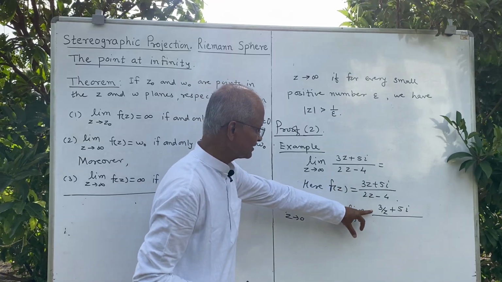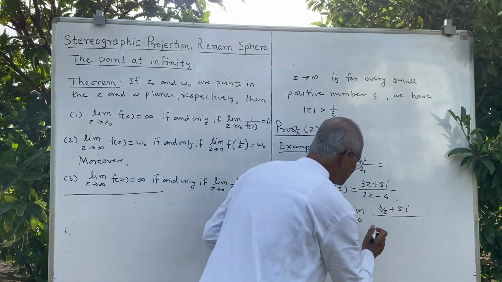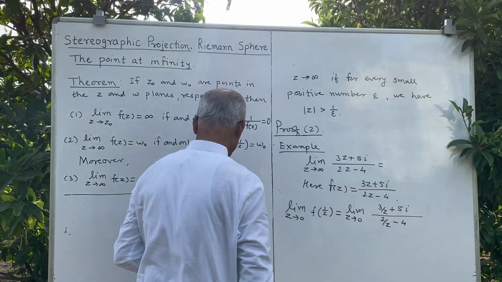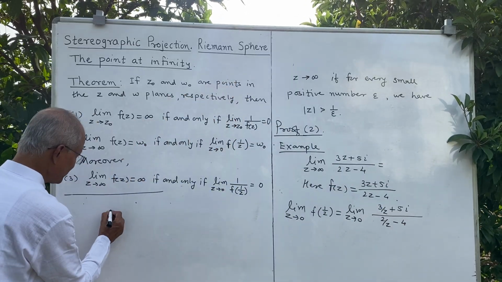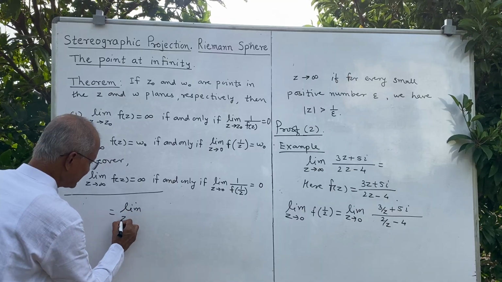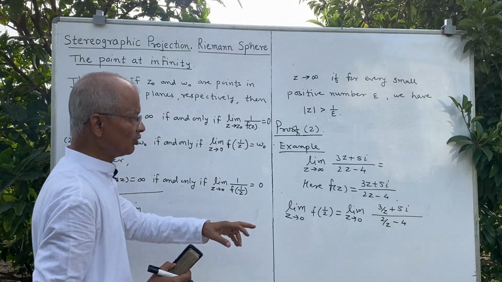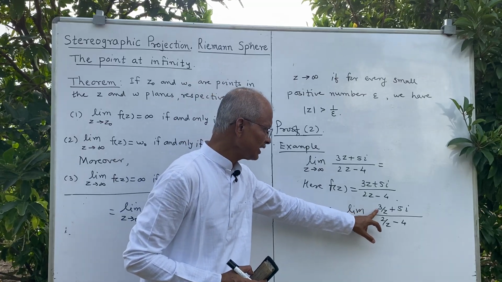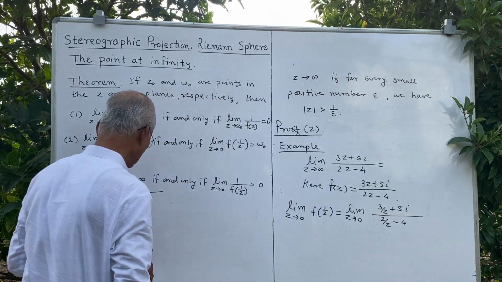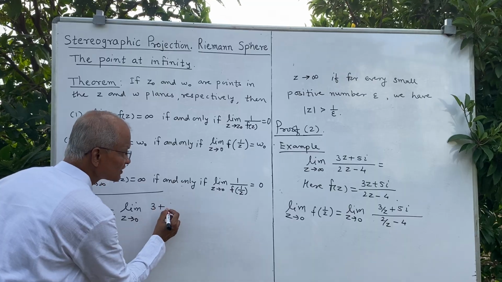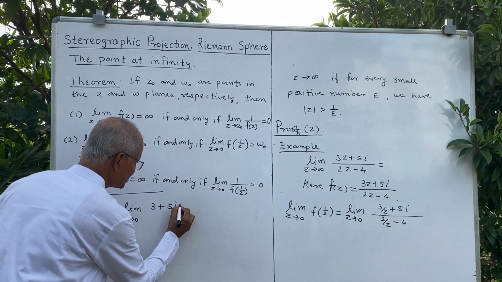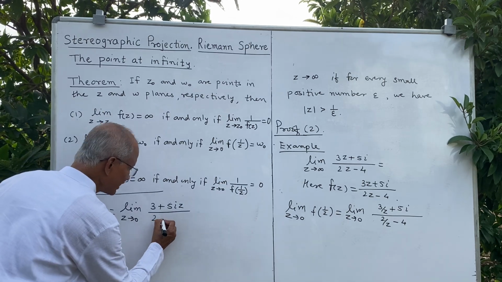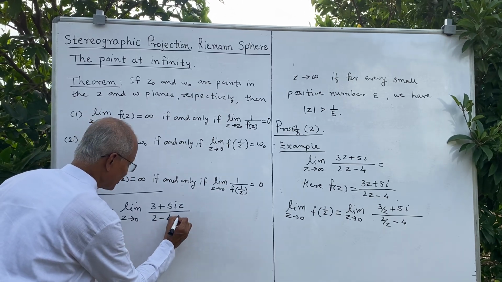To evaluate this limit as z tends to 0, multiply the numerator and denominator by z, and we get 3 plus 5i into z divided by 2 minus 4z.